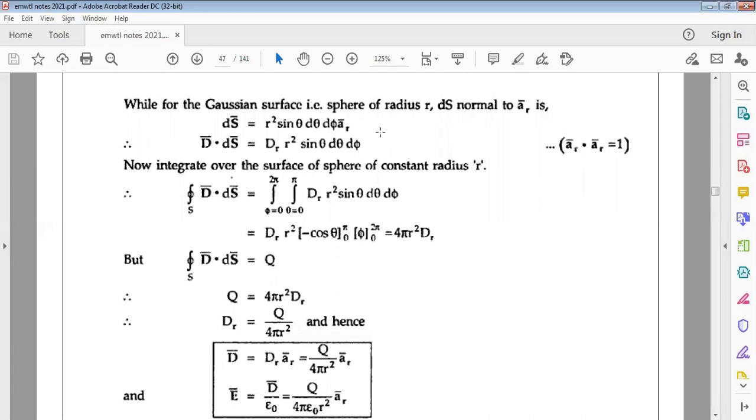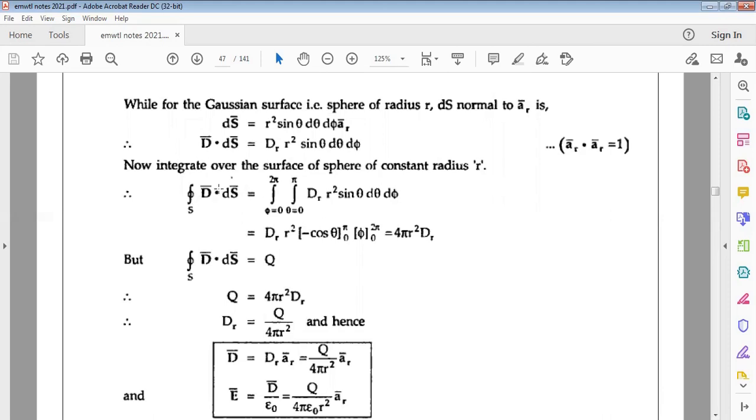So D bar is Dr into ar bar, and dS bar is r square sine theta d theta d phi into ar bar. So ar bar dot ar bar is equal to 1. The remaining functions: the D bar magnitude is Dr, and the dS magnitude is r square sine theta d theta d phi.